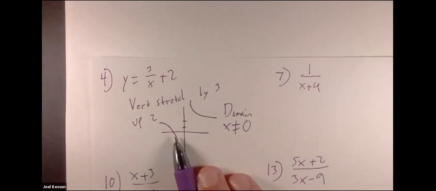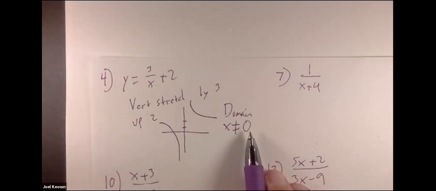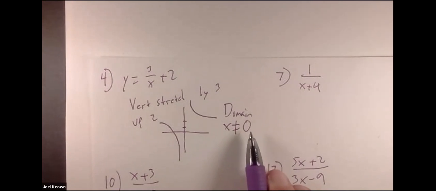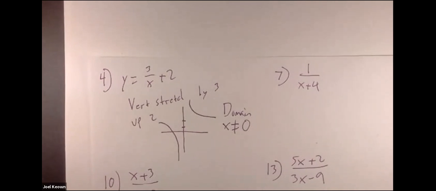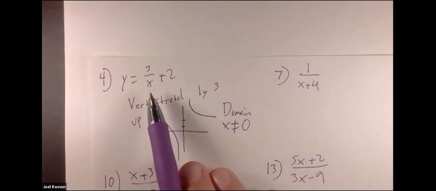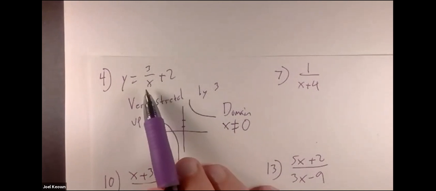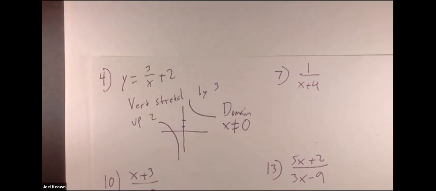If it had moved left 2, then my domain would be x not equal to -2. If it moved right 2, x not equal to +2. If it didn't shift left or right at all, then my domain was x not equal to 0. Notice I can't put 0 in for x, or I get divided by 0. Basically, my domain is whatever I cannot put in for x without getting divided by 0.